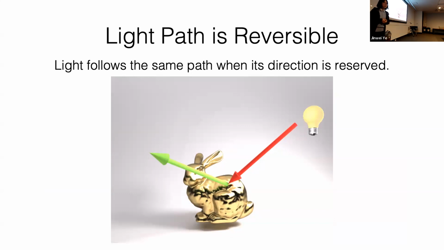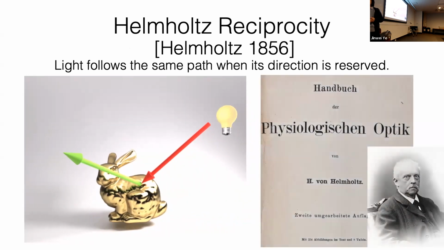That is a very fundamental property of light, and it is called the Helmholtz reciprocity. It was first described by the German physicist Hermann von Helmholtz in his book published in the 1850s.